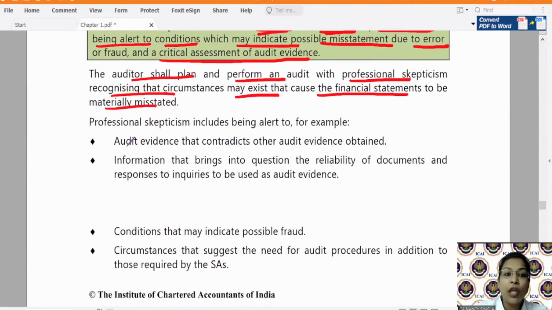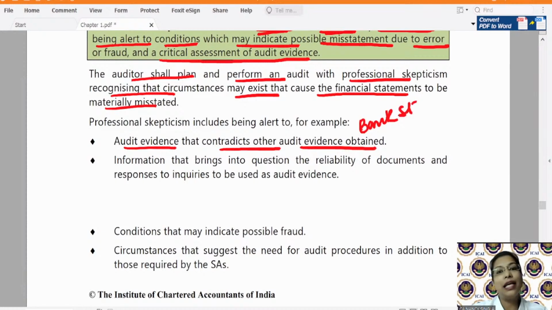For example, audit evidence that contradicts other audit evidence. For example, the bank statement says that the amount that has been received from the debtor is 4 lakh. However, the confirmation from the debtor says that the amount is 5 lakhs. Now, there is audit evidence that contradicts the other audit evidence obtained. There is a difference between the two. Clear?